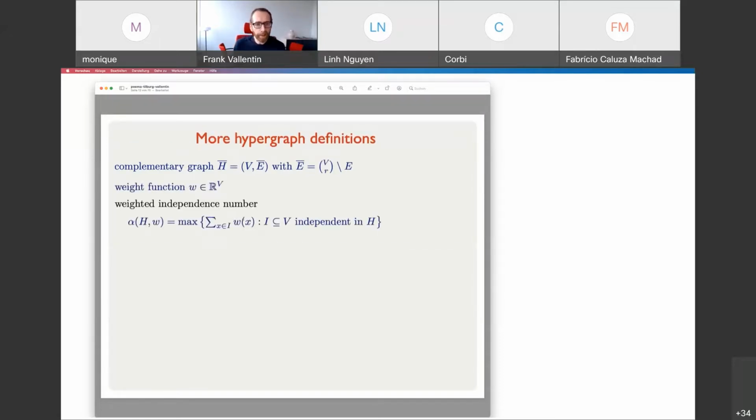Then a generalization of the independence number when we introduce weights. So what we do is we introduce a weight function on the vertex set, and then the weighted independence number is not taking the cardinality of an independent set, but it's simply taking the maximal weight of the independent sets, where the weight of an independent set is simply the sum of the weight of the vertices.